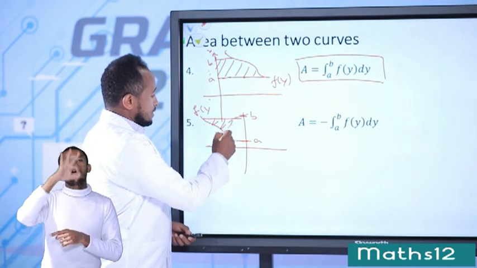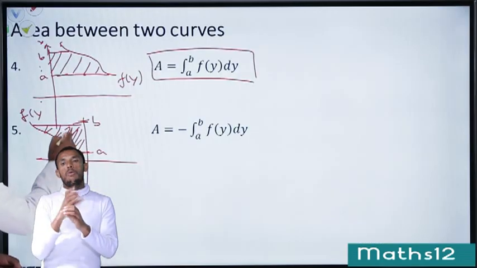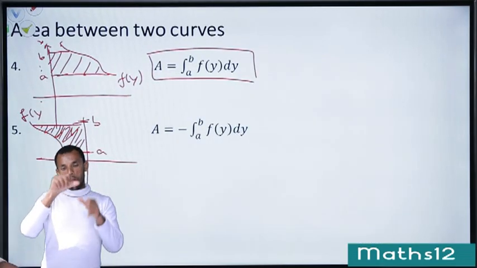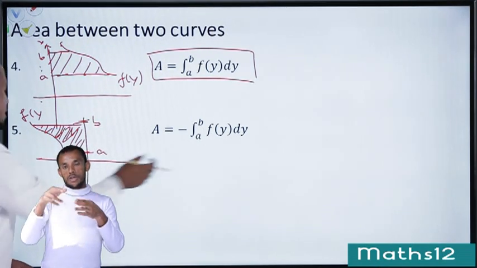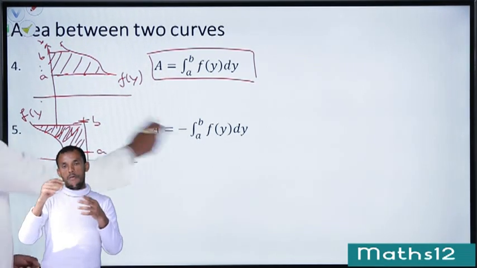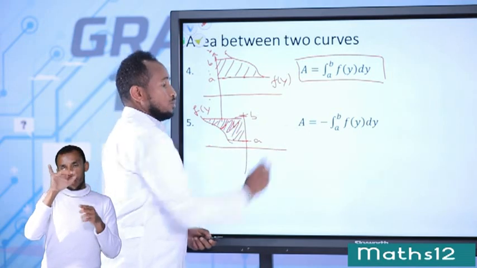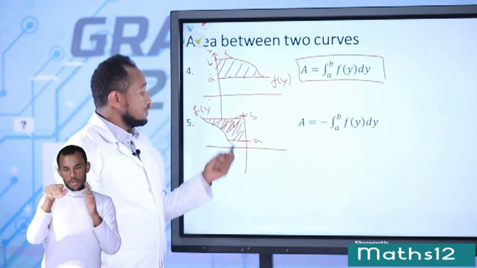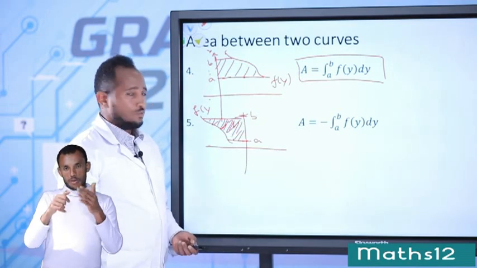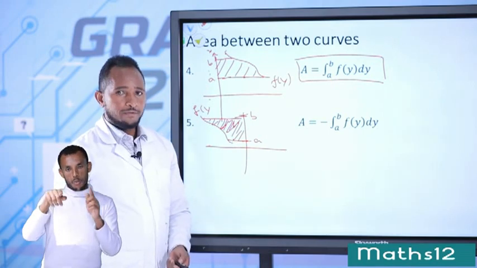If you are asked to calculate this region or the area of this region, simply you integrate this function f of y dy from a to b, but you put negative because this gives you negative value. Area is positive, so to make that you put negative in front of it.